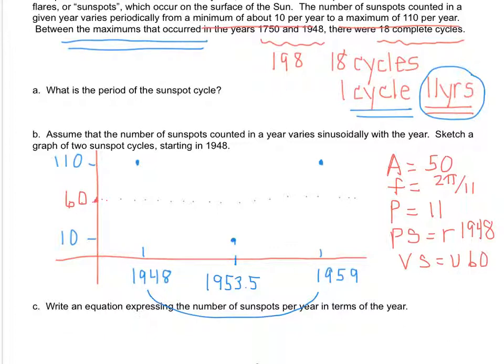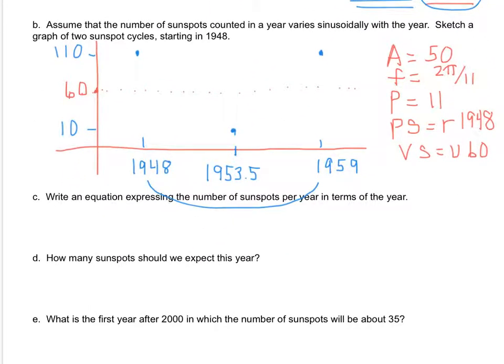All right, so now we should be able to write our equation. Let's sketch the graph here. So my equation will be y equals 50 cosine.